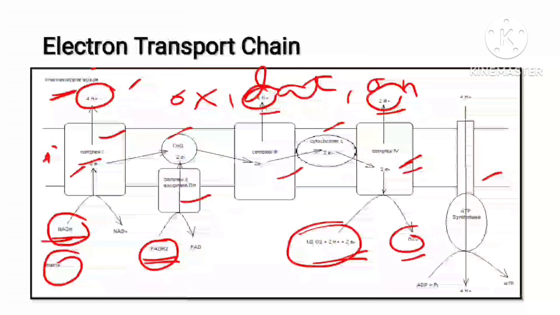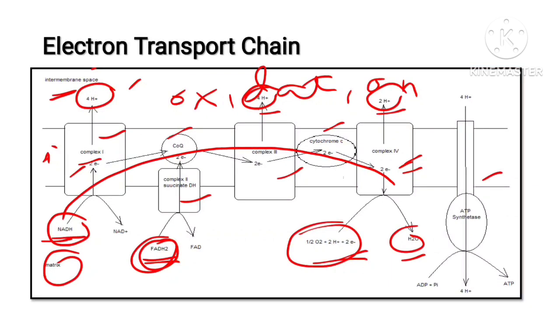So a total of 6 protons are pumped out when 2 electrons are transported from FADH2. When the electrons move through the complexes to complex 4 and ultimately to oxygen, simultaneously the protons are moving out of the mitochondrial matrix.